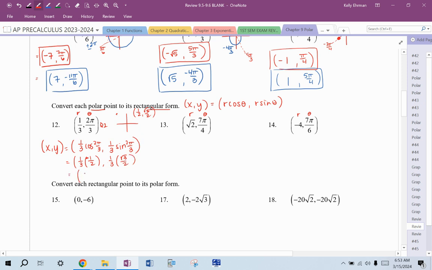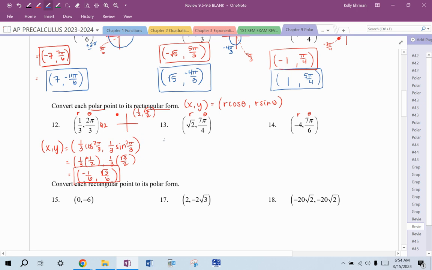So the rectangular coordinates are negative 1/6 and radical 3 over 6. Remember, all this says is if you were to face 2 pi over 3 and go forward 1/3 of a unit, you land here. Another way to get to that point is to go left 1/6 and up radical 3 over 6. They should correspond to the same point.